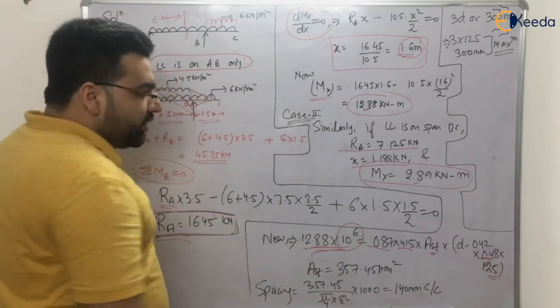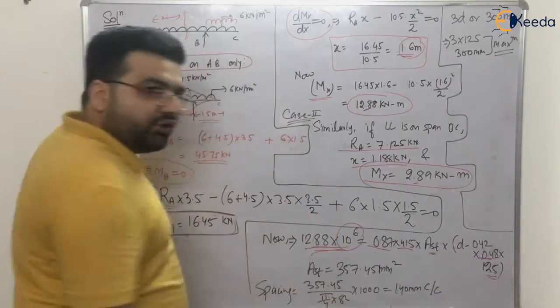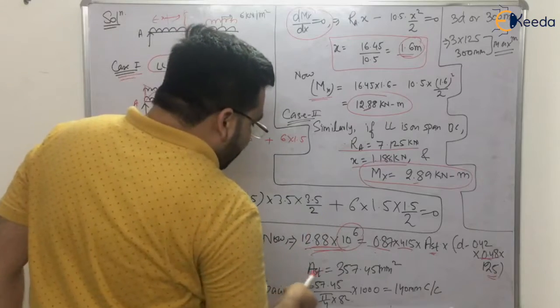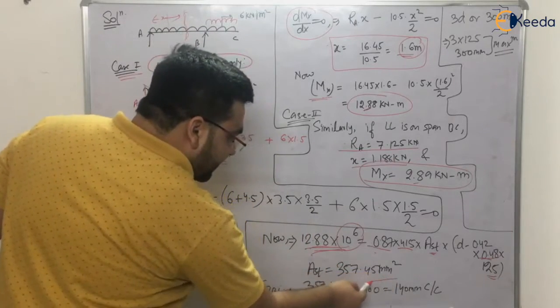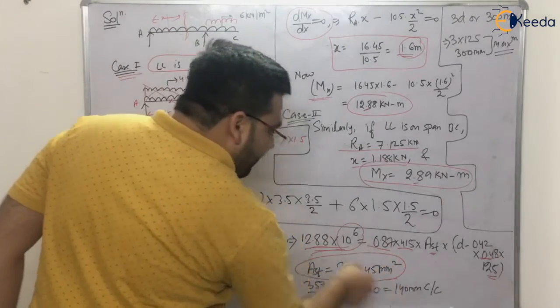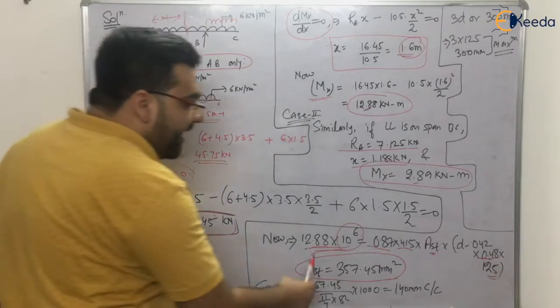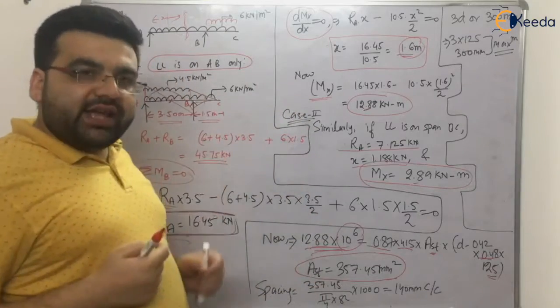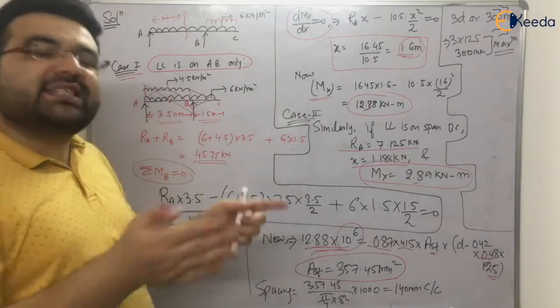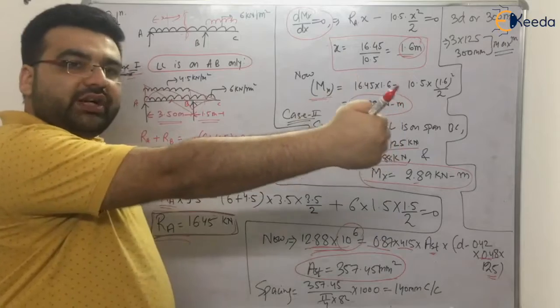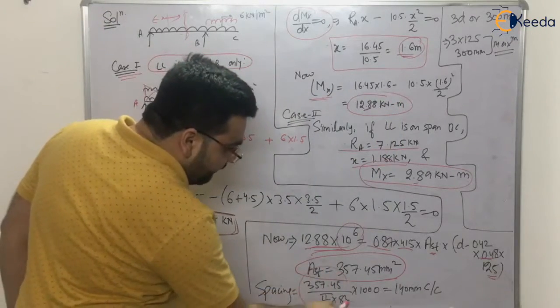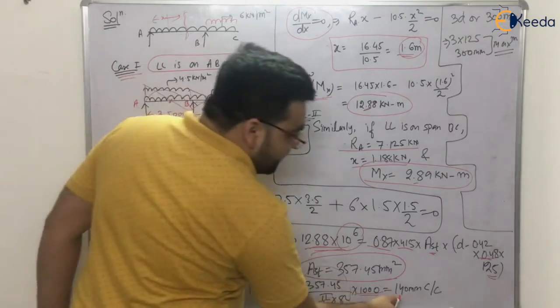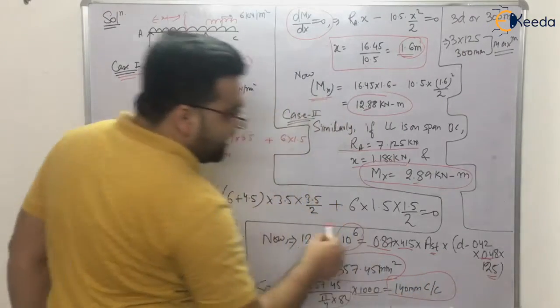So from this you can get the value of Ast as 357.45 mm square. If you divide the total area of steel with the single bar area, you will get the spacing of the reinforcement per unit width, right? So for 1 meter, that comes out to be 140 mm center to center.